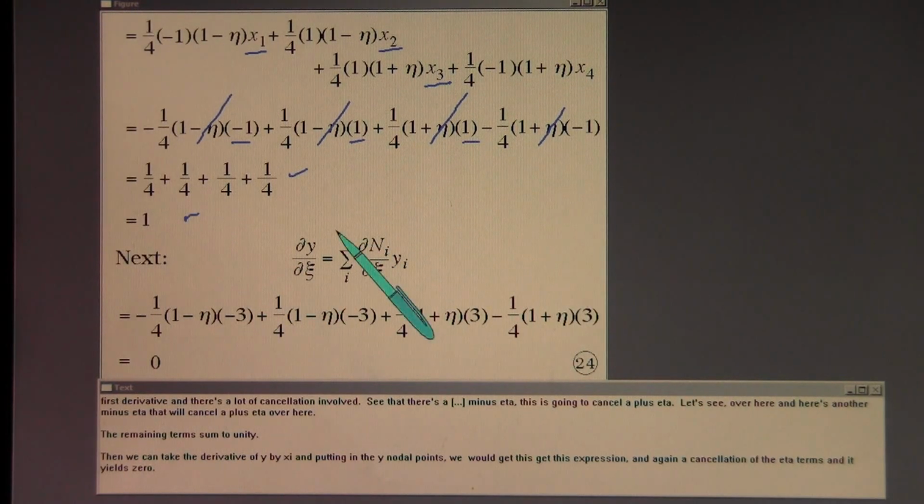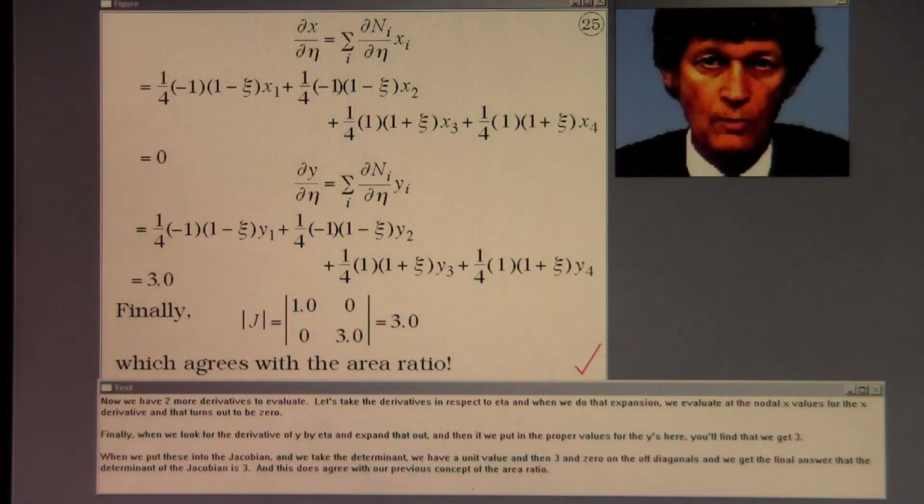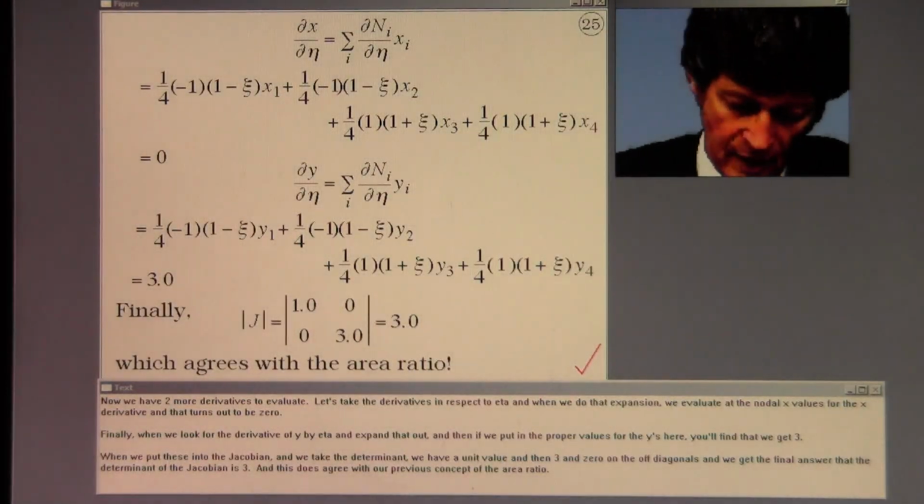Then we can take the derivative of y by c, and putting in the y nodal points, we would get this expression, and again a cancellation of the eta terms and yields 0. Now we have 2 more derivatives to evaluate.